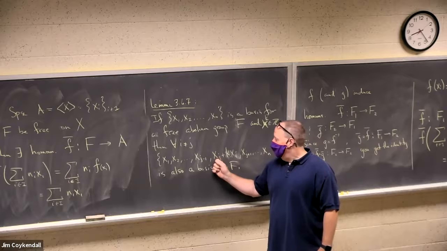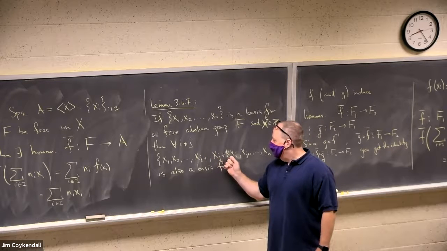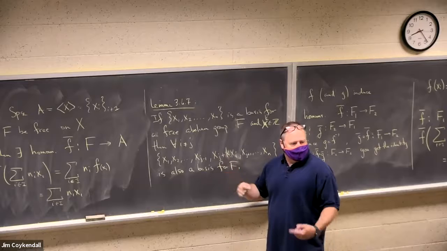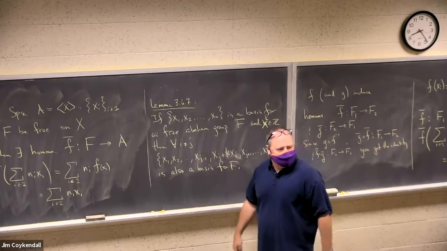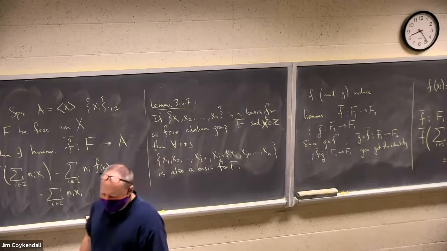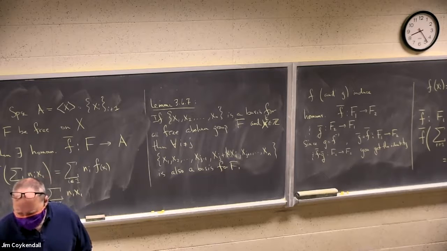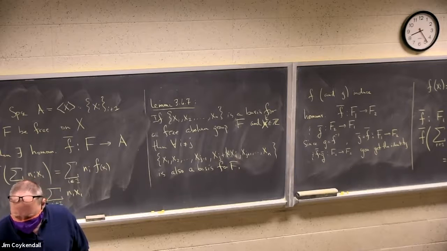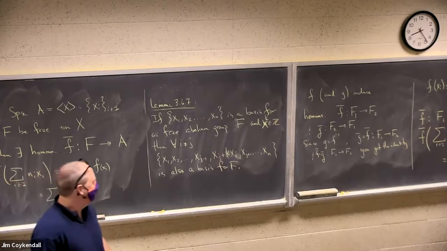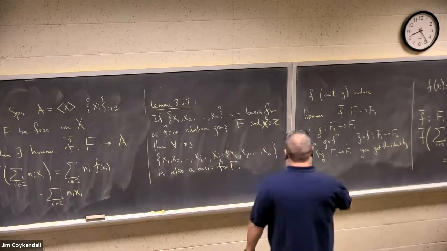We replace Xj with Xj plus a multiple, right? It also reminds me of those row operations that you do for matrices. So what this says is you can mess with Xj by replacing it with a multiple of another basis element, and you still get a basis. Let's prove this.